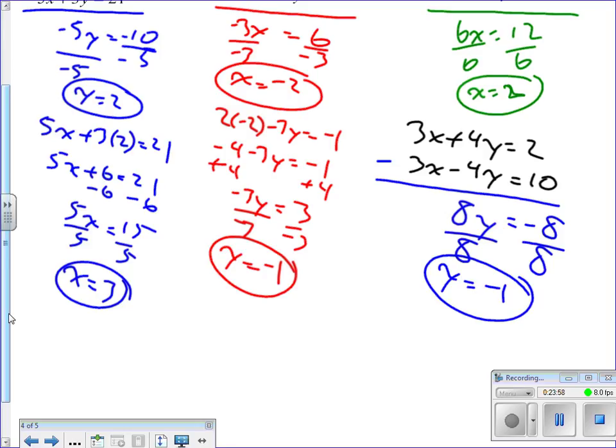If you substitute it and solve for y, you'd still get negative 1. It doesn't matter. If I had done subtraction first and got negative 1 for y, put negative 1 in for y and solve for x by substitution, I still would have gotten 2 for x. It doesn't matter. There is more than one way to solve a problem sometimes.